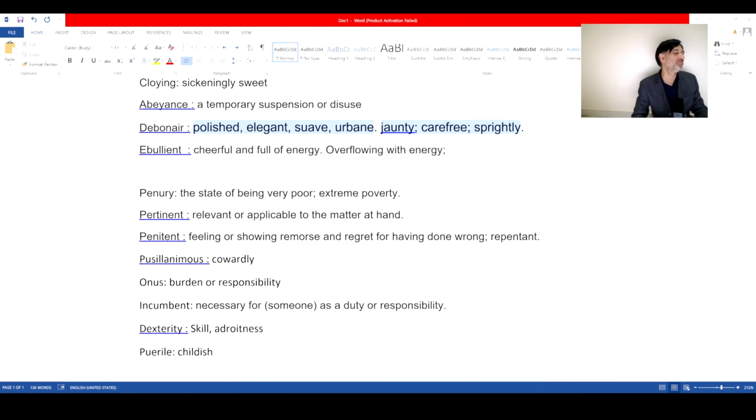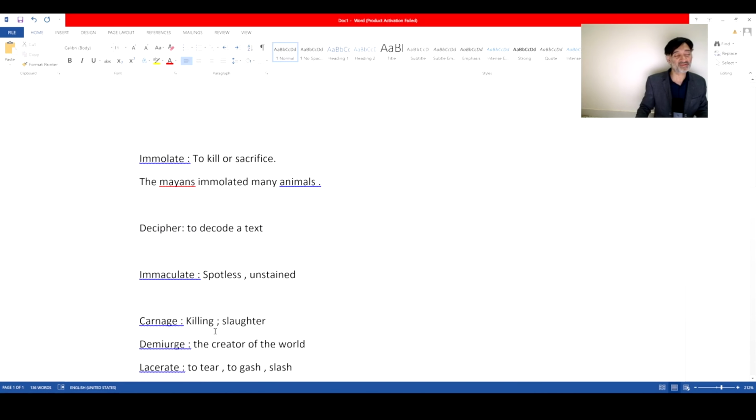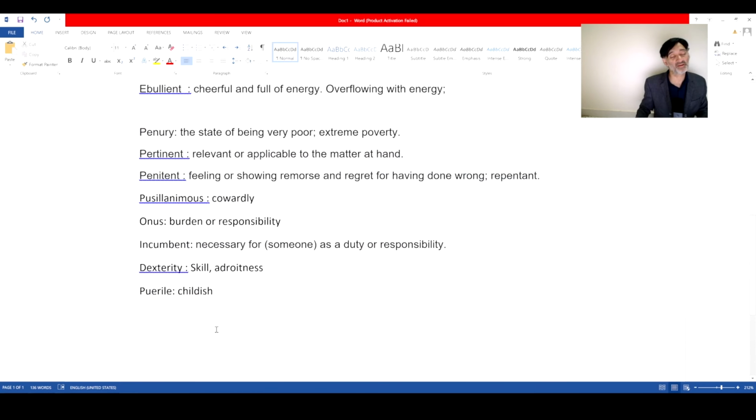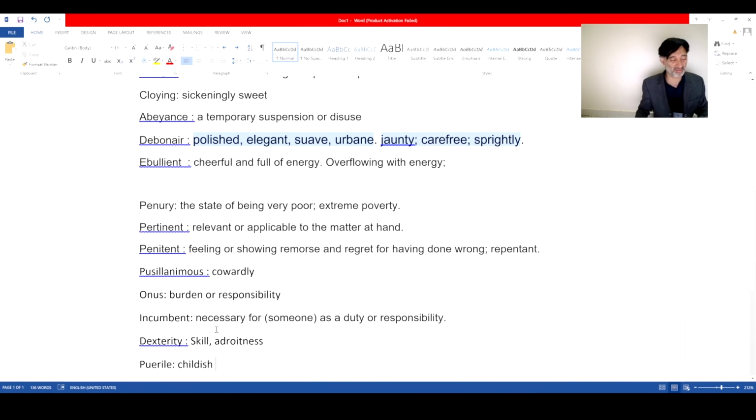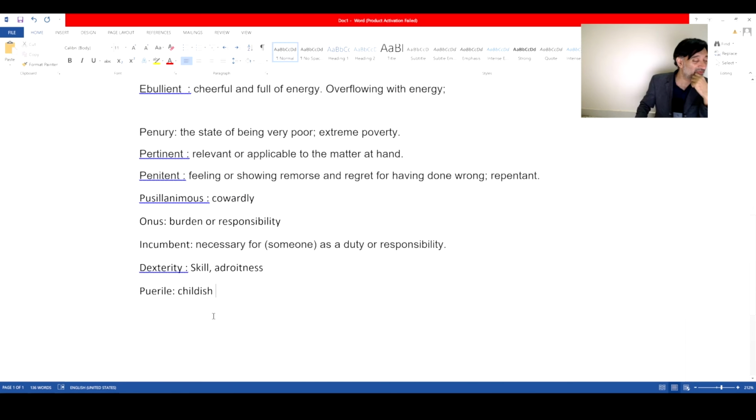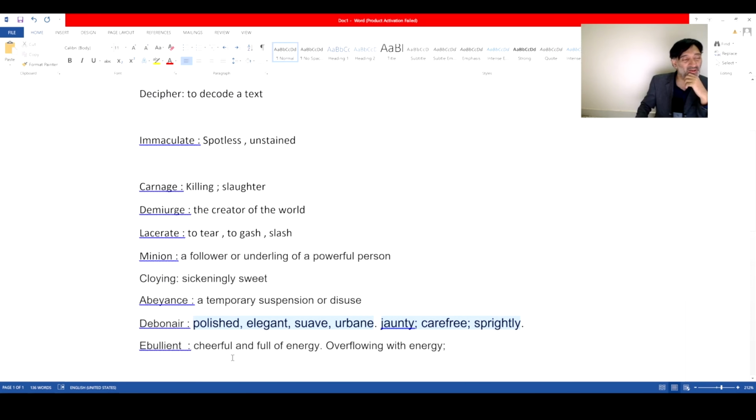Childish, silly, immature. So you can pronounce it as puerile. These are basically very simple words, and I think you should know them if you are a good reader. And if you have not come across these words, better note them down.